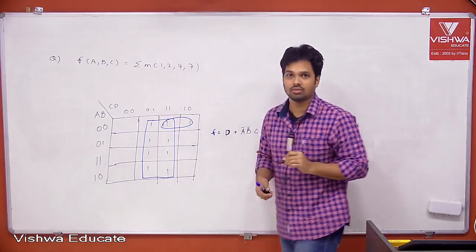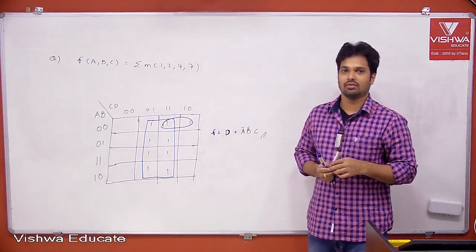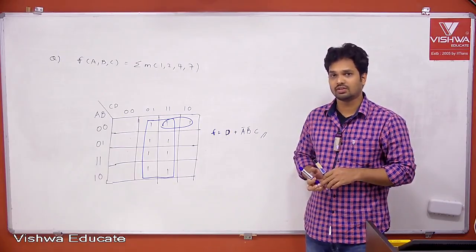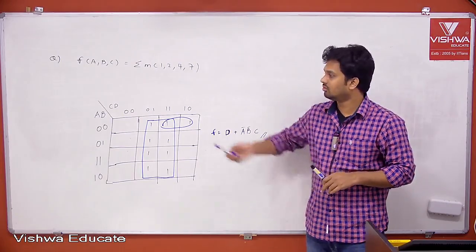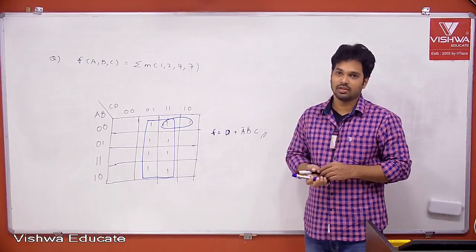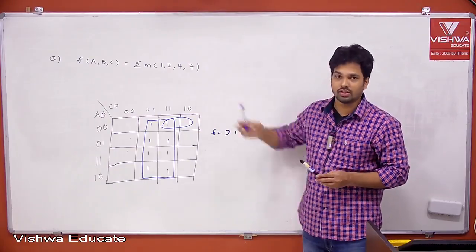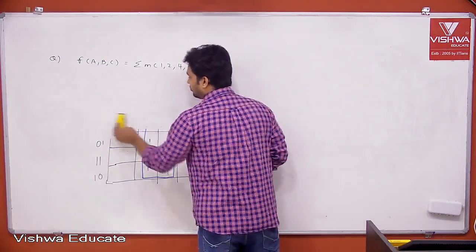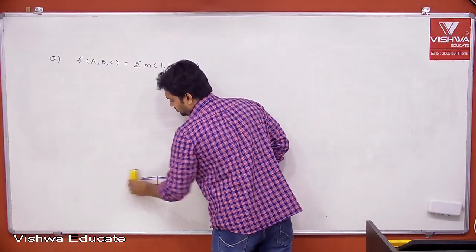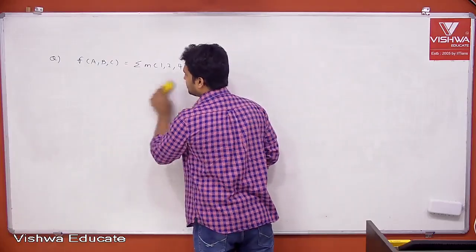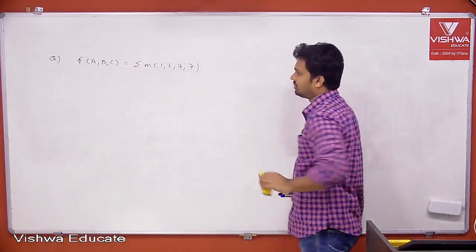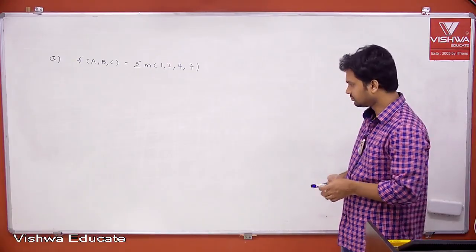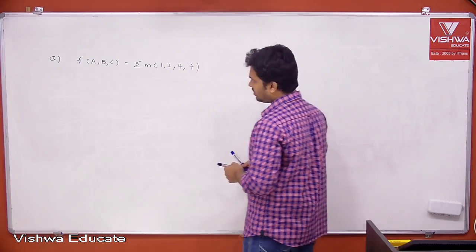Write down. Minimize the function f of ABC equal to the sum of the minterms 1, 2, 4, 7. Right. Let us try to minimize this.